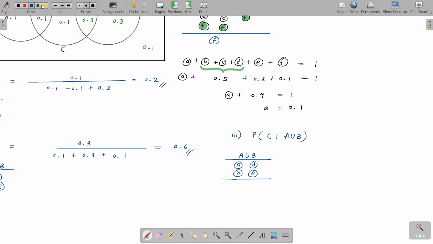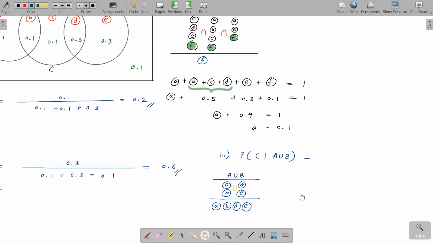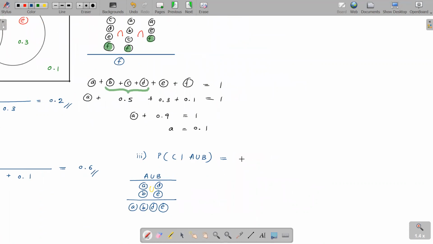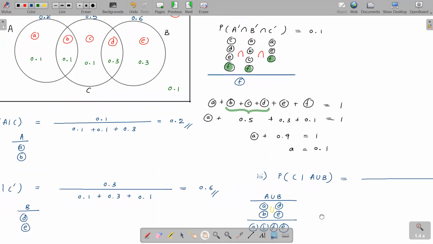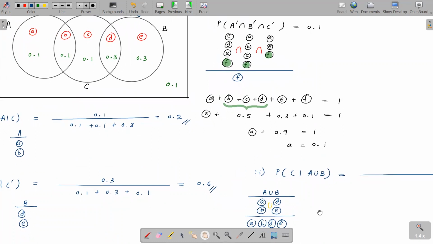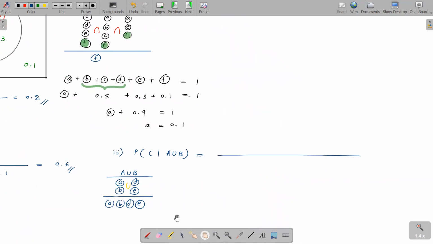Union means you take everyone, not just the common part, which means you get A, B, D, E. All four of them come because it's a union. So write the probability of all four of them. A is 0.1, B is 0.1, D is 0.3, E is 0.3.